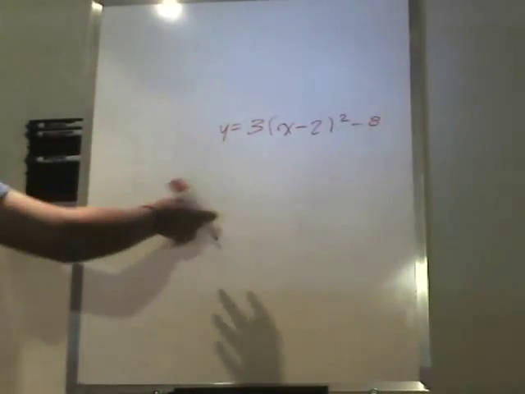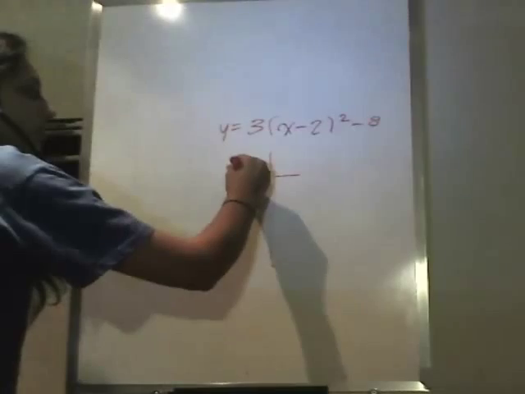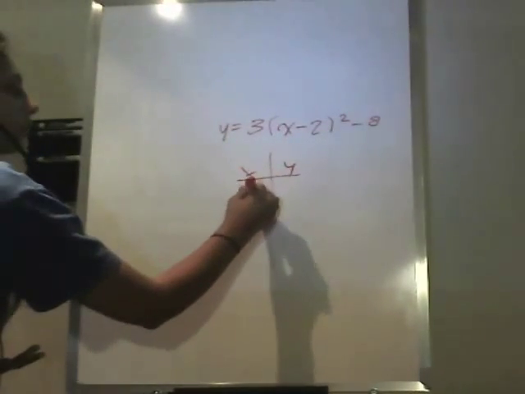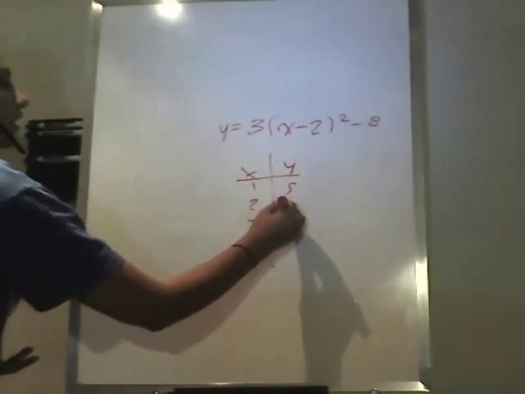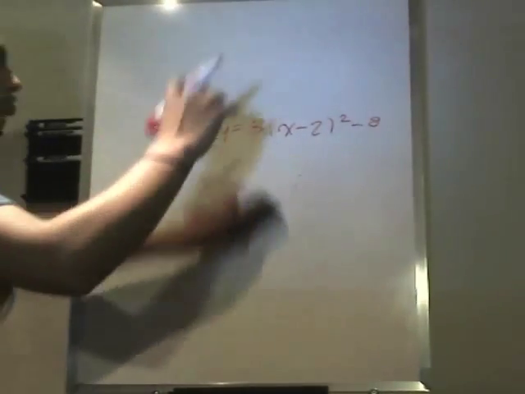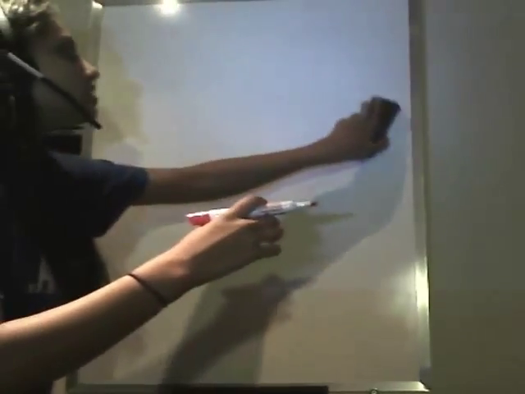You're going to need something to help you get your table values, which you all know helps you get your points, like 1, 2, 3, 4, 5, so you can plot it. We'll get back to that later. But first I'm going to teach you the basic equation that helps you graph others.